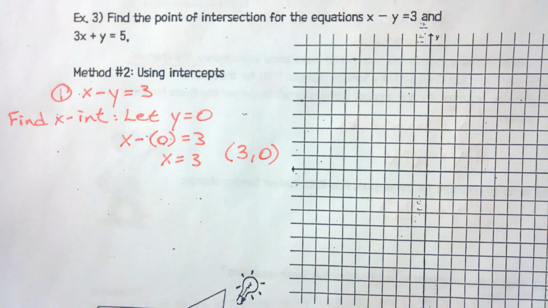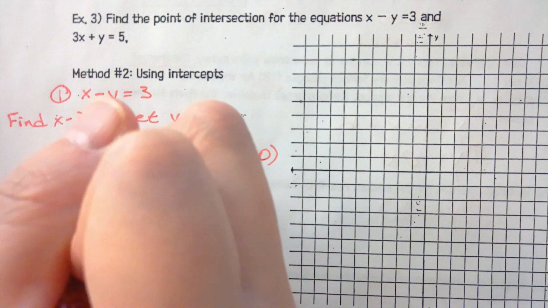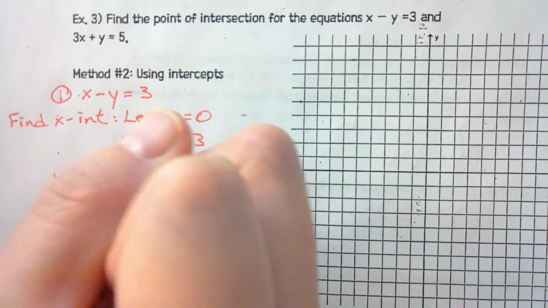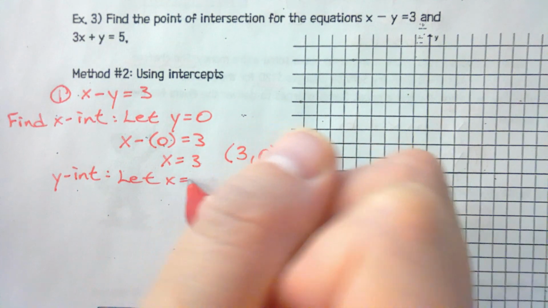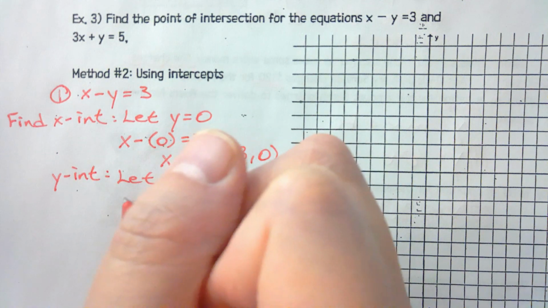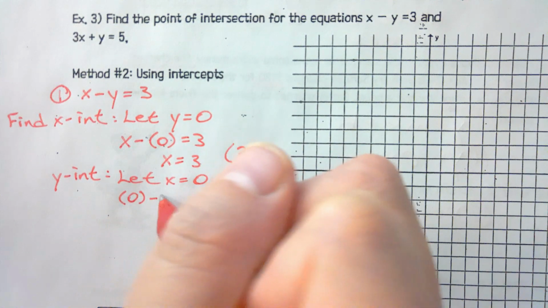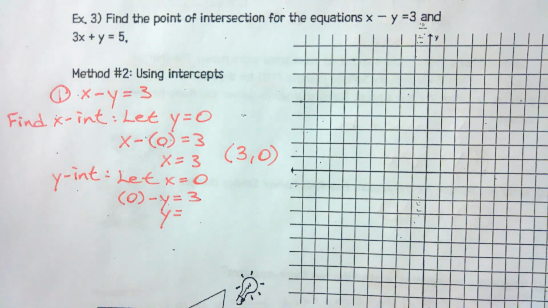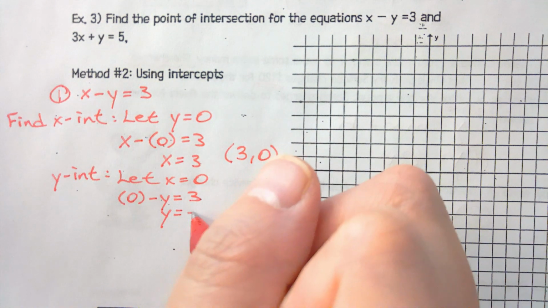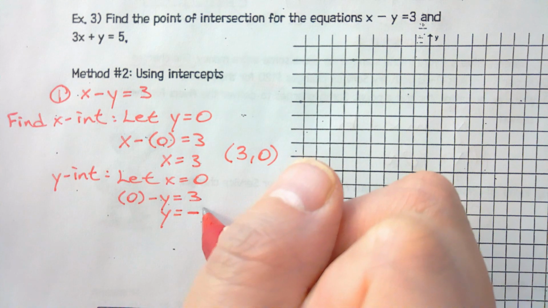And then to find the y-intercept, I let x equal 0. So 0 minus y equals 3. So what is y? Negative 3, right?